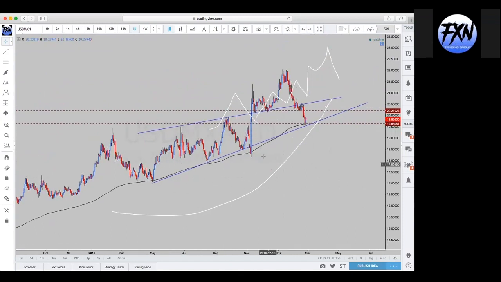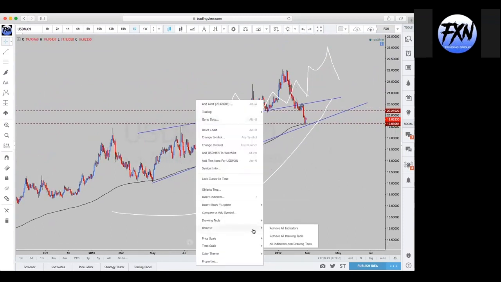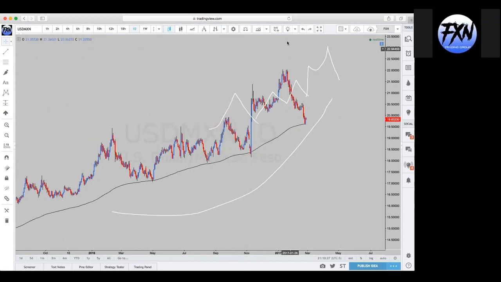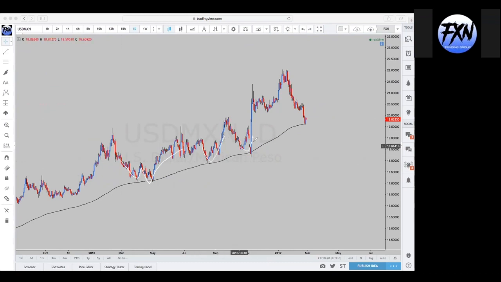And what does daily tell you? Daily, you're still in an uptrend, right? You see how this is a good example of that 200 EMA line. Do you see how powerful that 200 EMA line is? Look at this.